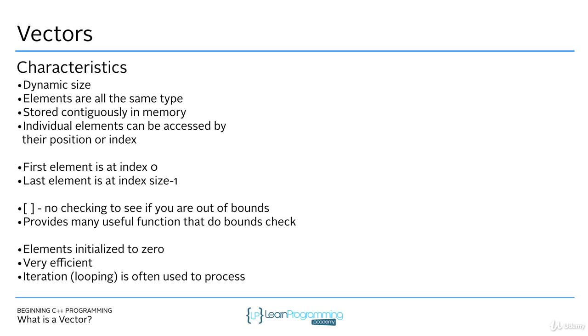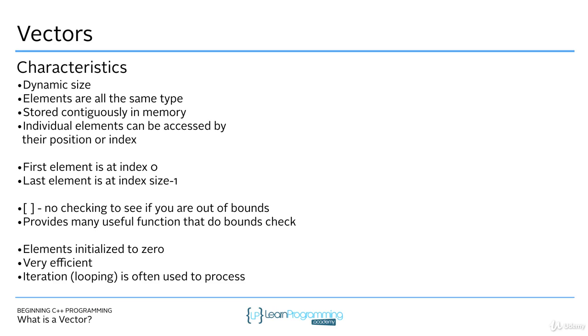If you use the subscript operator, that's the square brackets, to access vector elements, then vectors will provide no bounds checking. This provides the same behavior as arrays. However, vectors provide a rich set of functions that do provide bounds checking. As a programmer, you can decide what you need to use. Unlike arrays, when you declare a vector, the vector elements will automatically be initialized to 0 unless you specify otherwise.